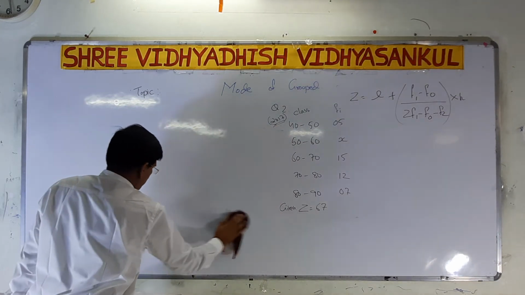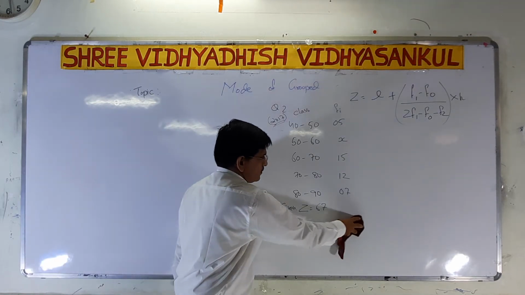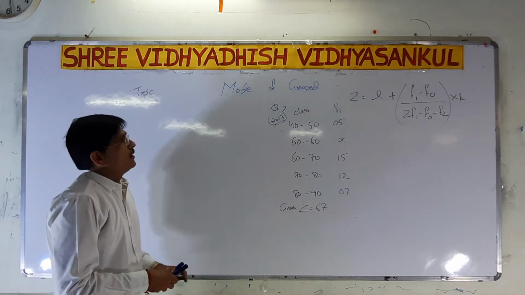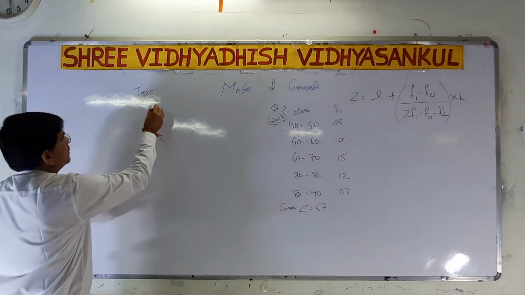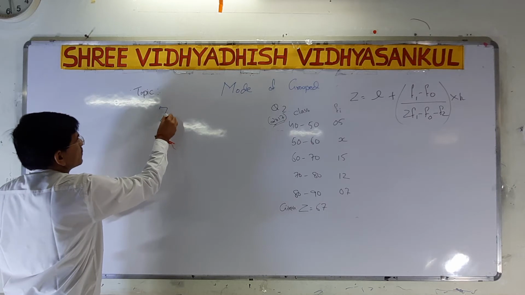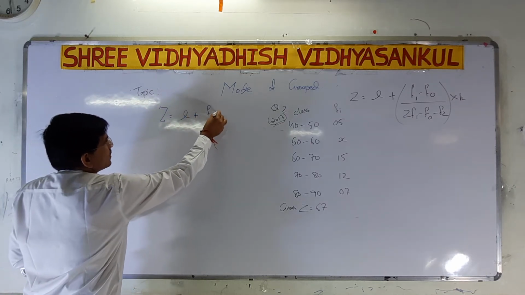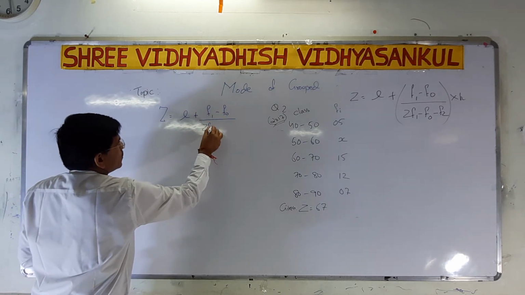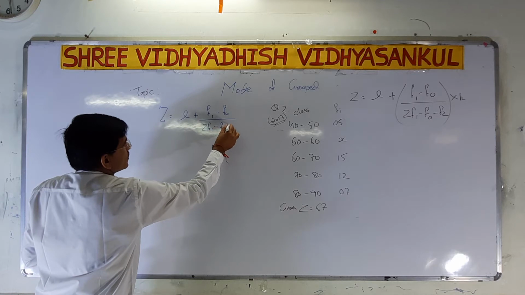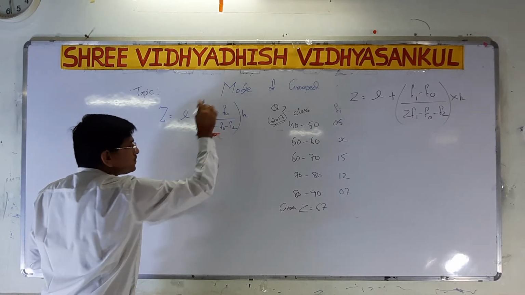Now Z is equal to L plus (F1 minus F0) divided by (2F1 minus F0 minus F2) into height h.